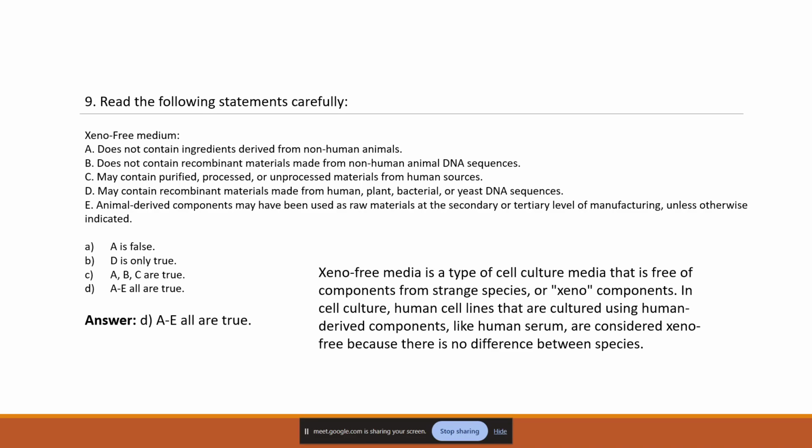So cold trypsinization ensures that you have more viable cells with the least amount of damage from trypsin. That is the main difference between cold and warm.